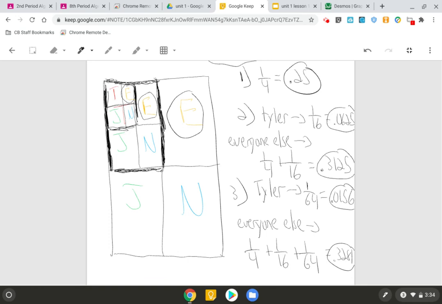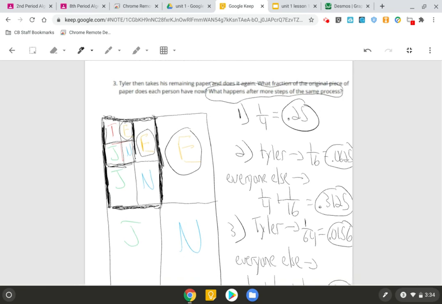Tyler is going to keep getting less and less paper, because he's going to keep cutting whatever is left into quarters. And everybody else, Elena, Jada, and Noah, are going to be getting more and more paper. So their decimal, their fraction will increase.